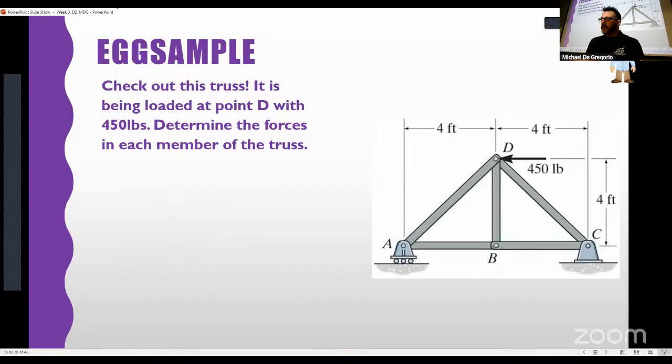Why don't we use moments for method of joints? What do you guys think? Moments come into play here, but not for method of joints. Why? What happens if I take the moment about the joint that I drew the FBD for?